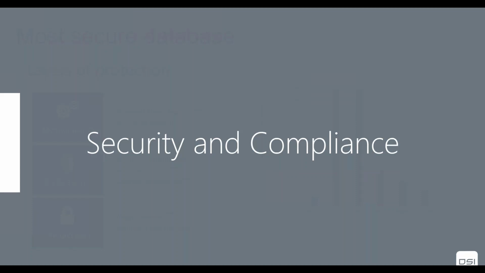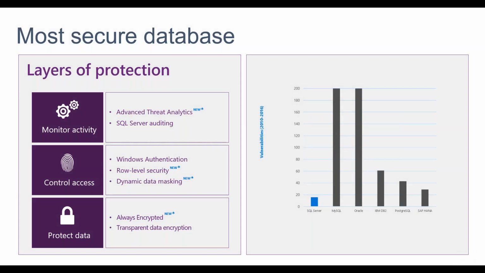So security and compliance is a piece that I talk about a lot. And really, security and compliance covers 3 things. It covers how I control access to data, how I protect my data both in motion and at rest, and how do I detect when breaches happen.